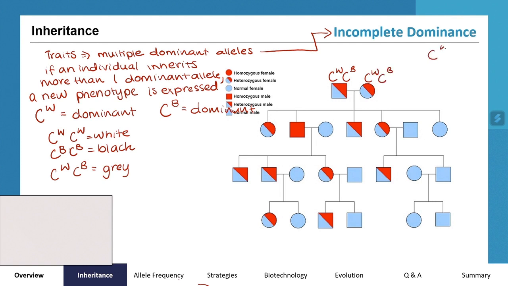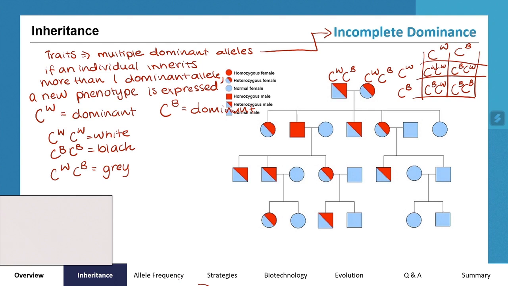And if I do a Punnett square for both of these and cross them, 1/4 of the offspring will be born as white cats. 1/4 of the offspring, 50% of the offspring, because there's two of them, will be born as grey cats, and 1/4 of the offspring will be born as black cats, even though both parents started out being grey.